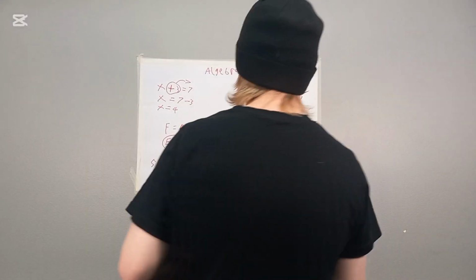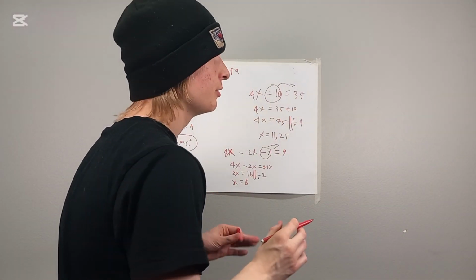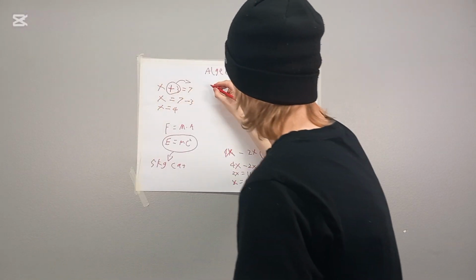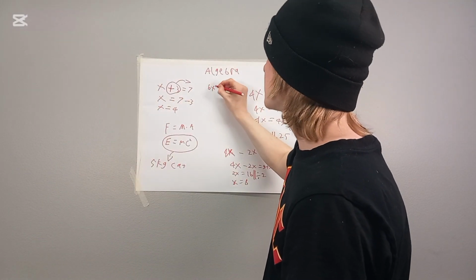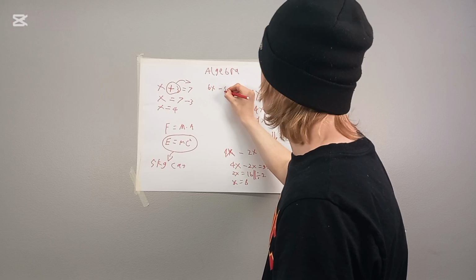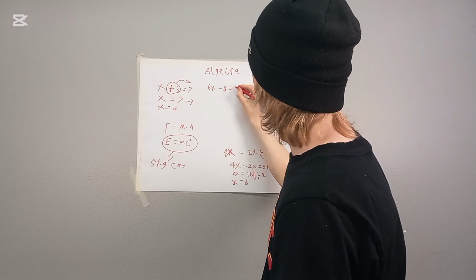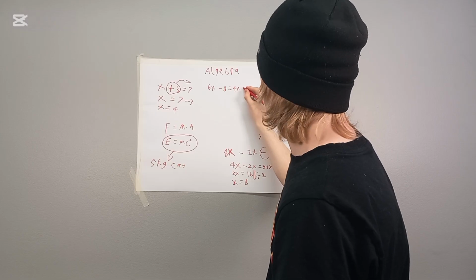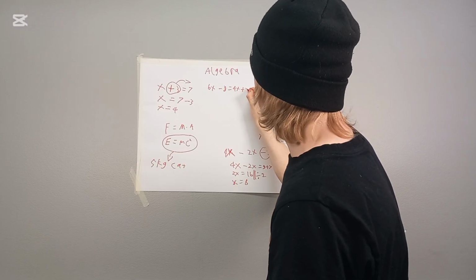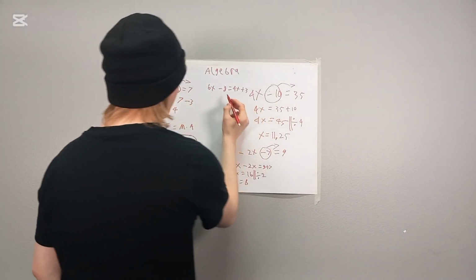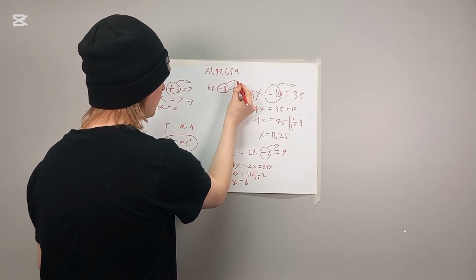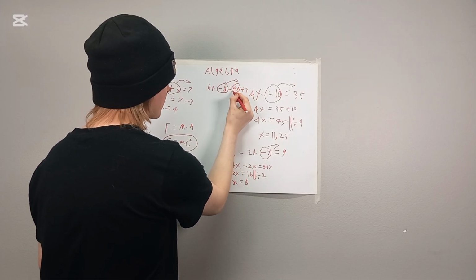And now I've come up with a new equation, I think. Let's say 6x minus 8 equals 4x plus 3. Okay. So now we take this, put it here, and we put the x right here.